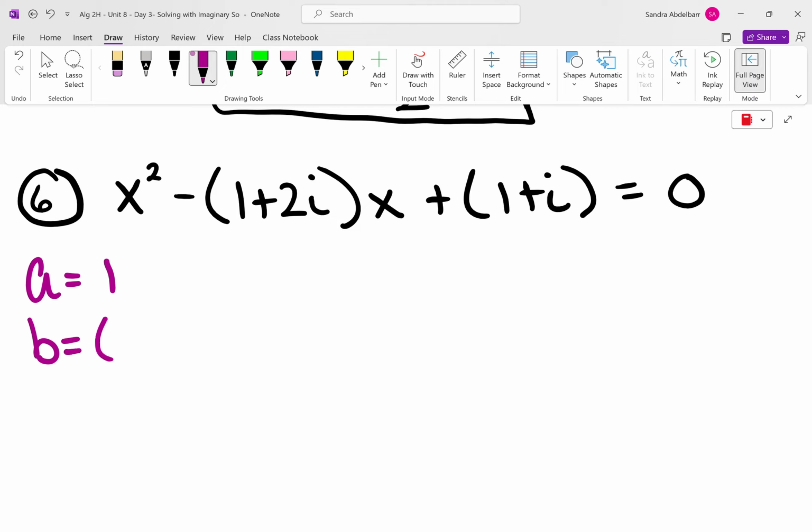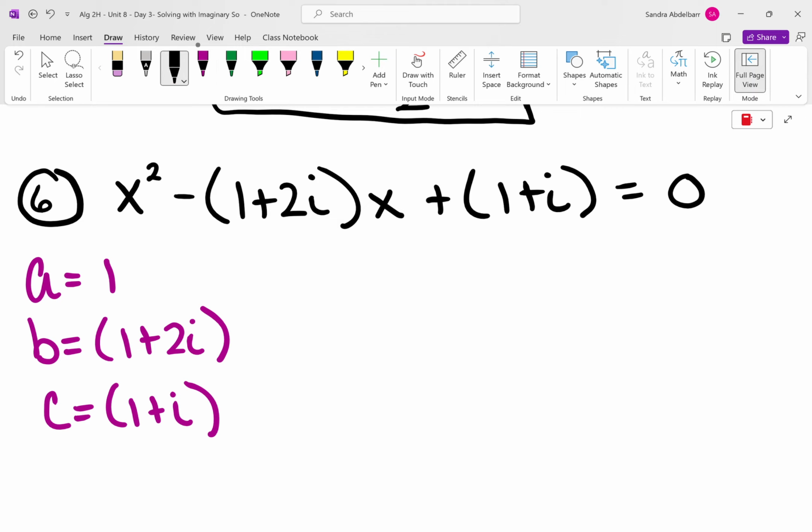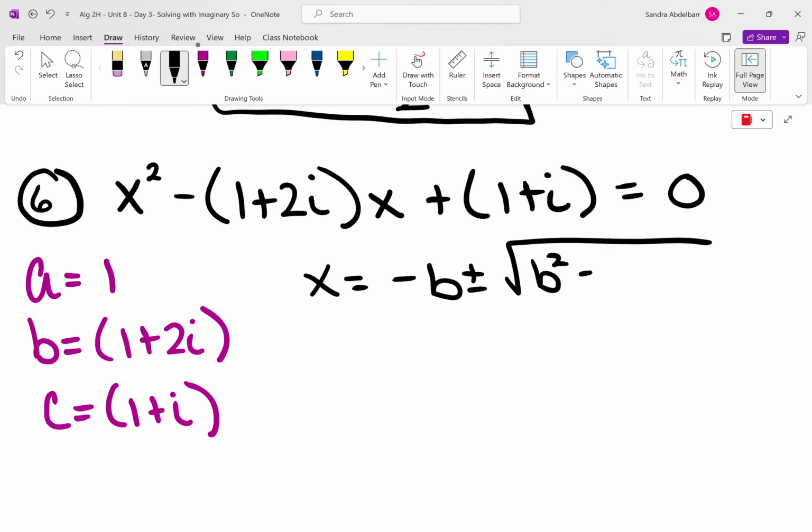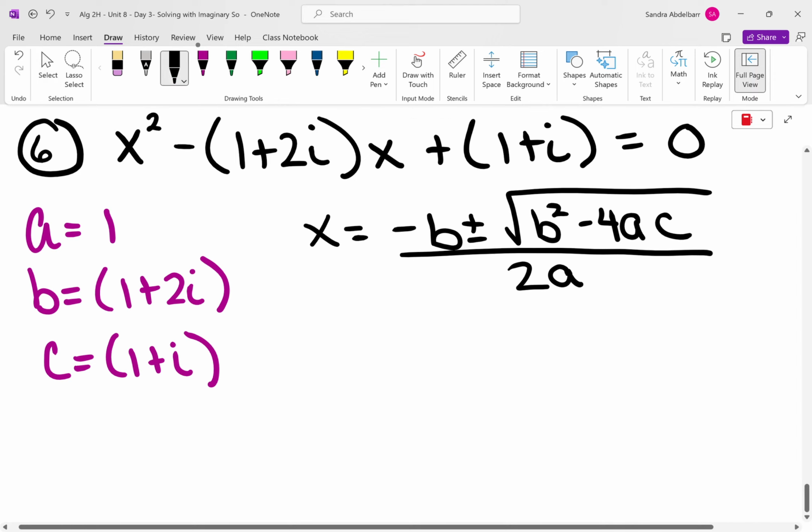So we are going to say A is equal to 1, B is equal to the quantity of 1 plus 2i, and C is equal to the quantity of 1 plus i. And we know x will equal negative b plus or minus the root of b squared minus 4ac all over 2a.